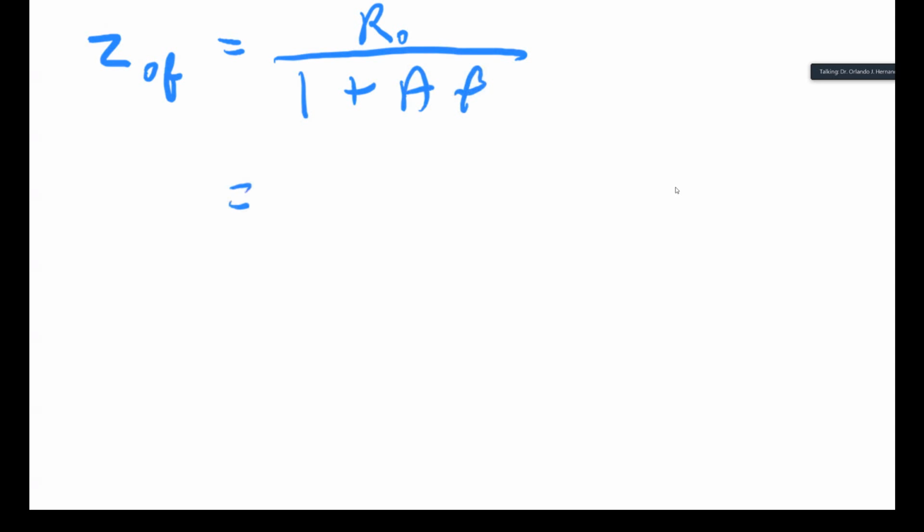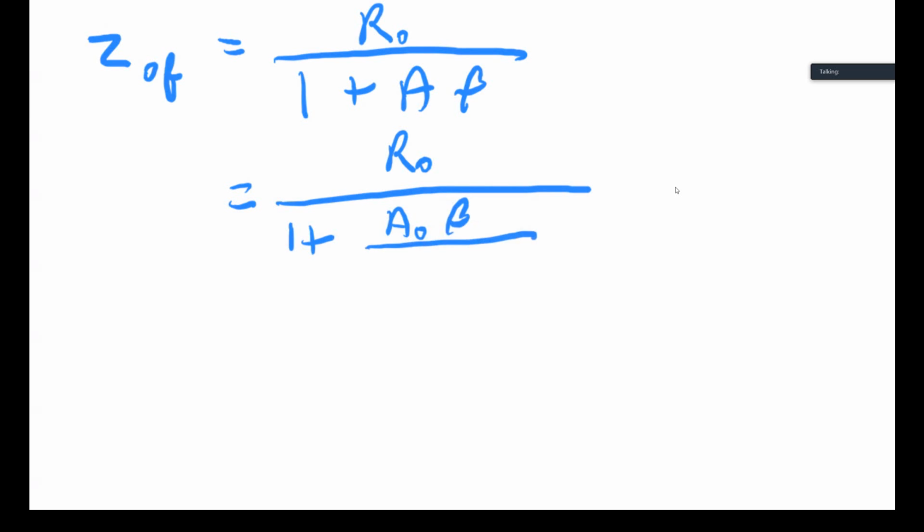So we substitute our quantity there and we get that's our complex output impedance.